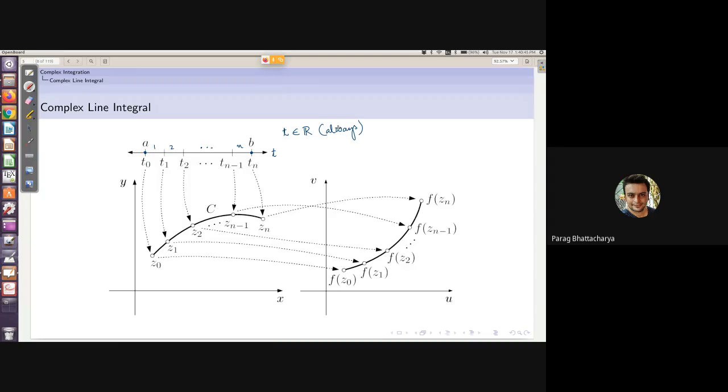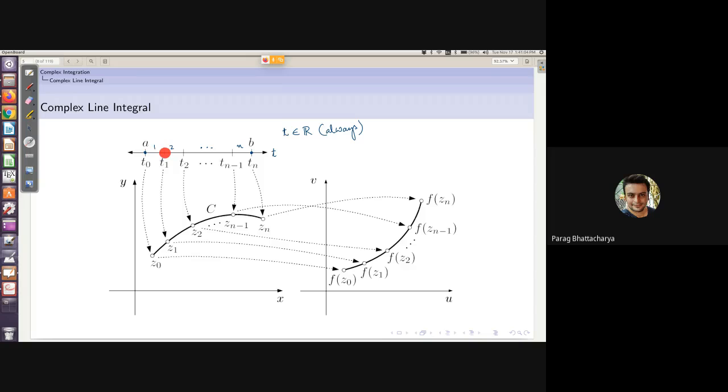Now, like I said, this is a parameter. Every value of t is going to correspond to a z value here. The moment I take t0 here, just because it's parameterized, it's going to correspond to this point z0.